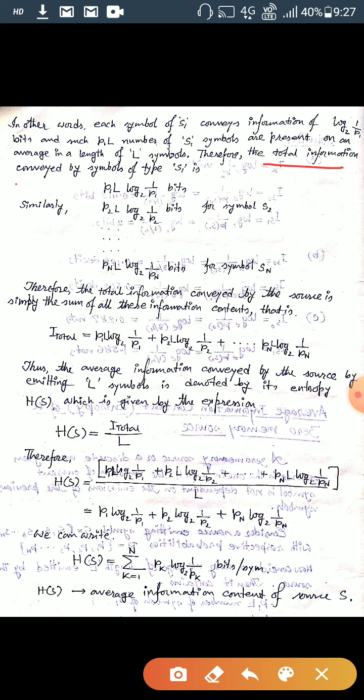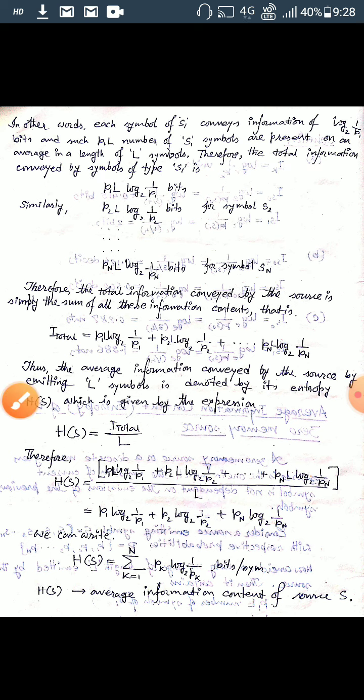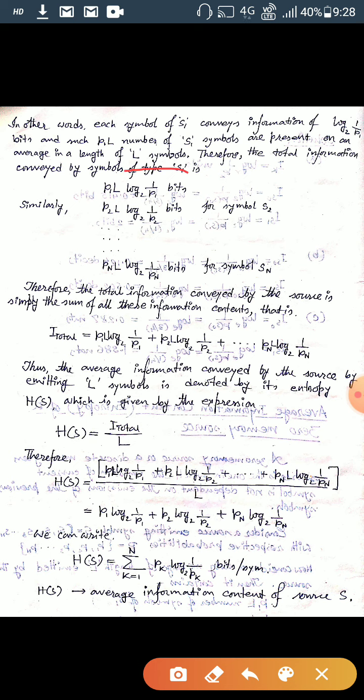Obviously, for a single one it is log base 2 of 1 by P1, so for P1L number of S1 symbols, it will be multiplied with the individual self information. That means the value will be P1 into L log base 2 of 1 by P1 bits.